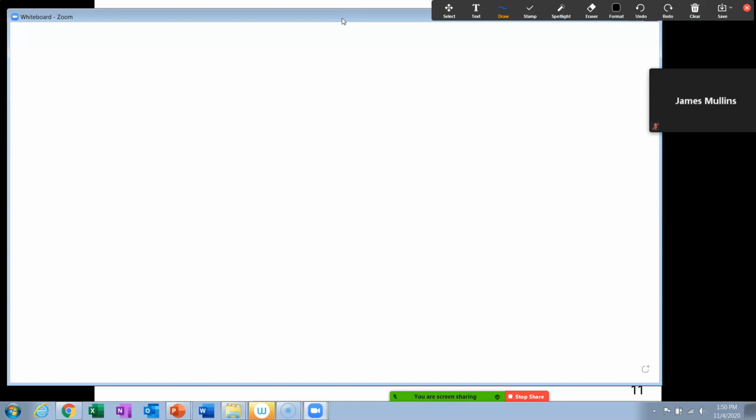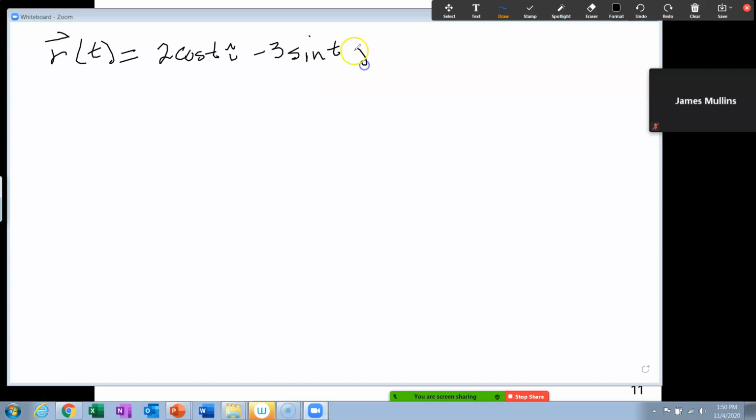Sketch the plane curve represented by the vector value function r of t is equal to 2 cosine t in the i direction minus 3 sine t in the j direction, where t is between 0 and 2 pi.